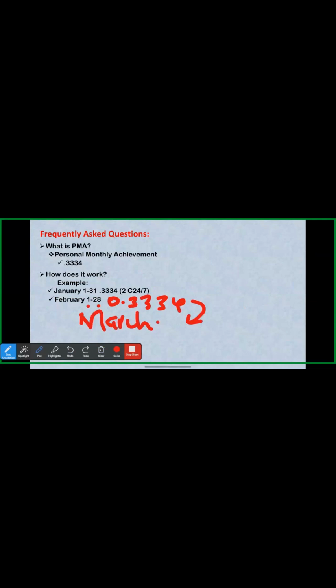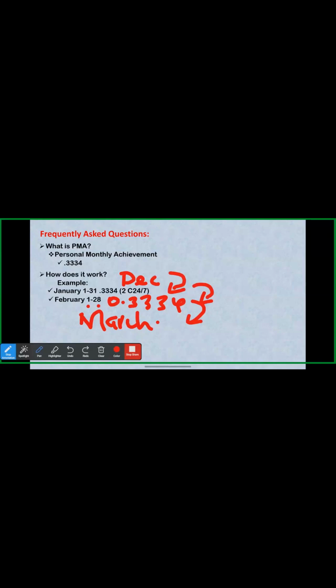So hii January, for you to be considered you have done PMA for the month of January, hiyo December, between 1st and 31st of December, you buy 2C24/7 so that January you are considered to have done PMA. January ukuje ununue 2C24/7s, then you are considered to have done PMA for the month of February.